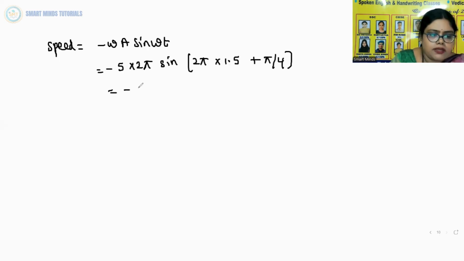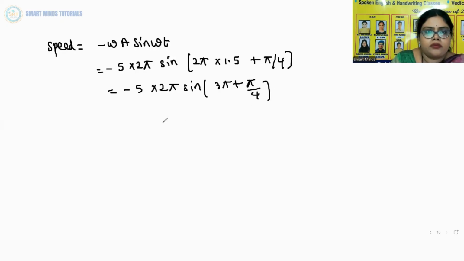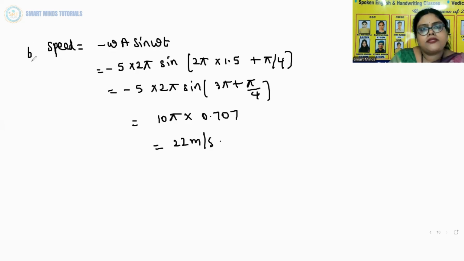So that is minus 5 into 2 pi sine of 3 pi plus pi by 4. So that is 10 pi into 0.707, which is 22 meters per second. This is the B bit, that is speed.